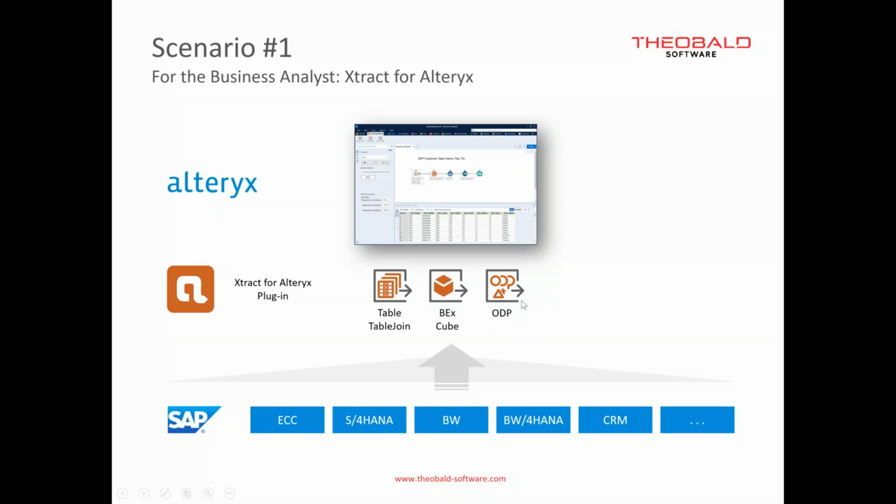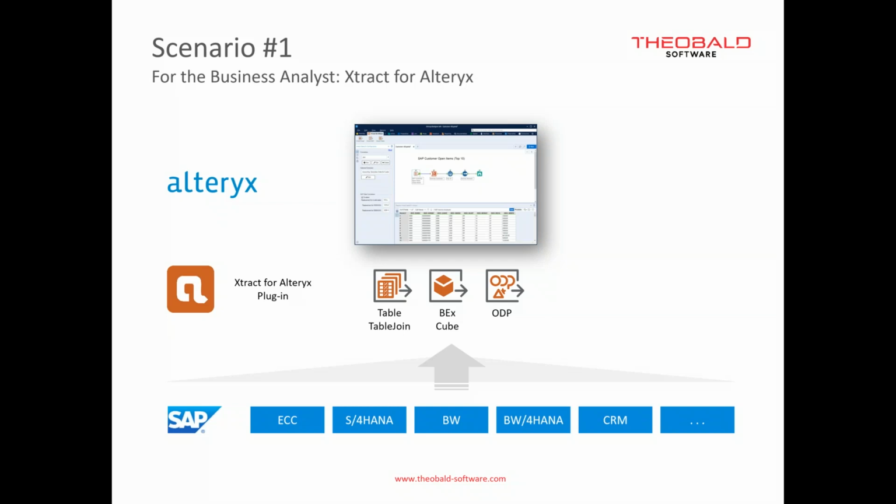And then this third object here called ODP, this is a newer object, which is very relevant and important for the customers out there that use HANA-based SAP systems. So if you're using S/4HANA or BW for HANA, you can take advantage of this component.